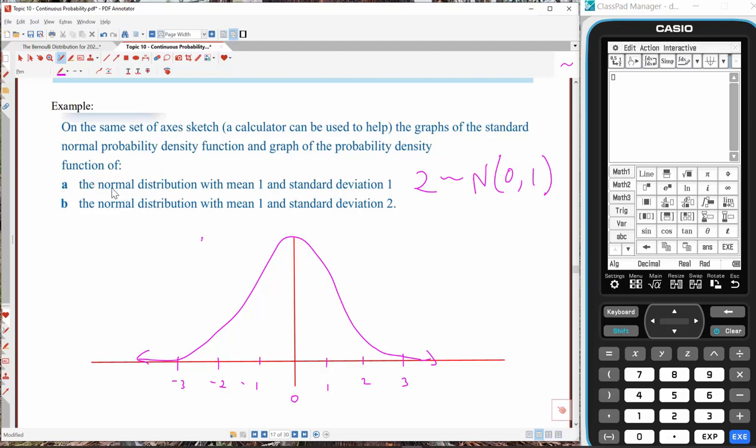All right, so now let's compare that to a normal distribution with a mean of 1 and a standard deviation of 1. So notice that this has got the same standard deviation, different mean. So it's going to have the same shape, but this time let's change color to do my next graph. We'll go red. No, axis is red. Let's go this one.